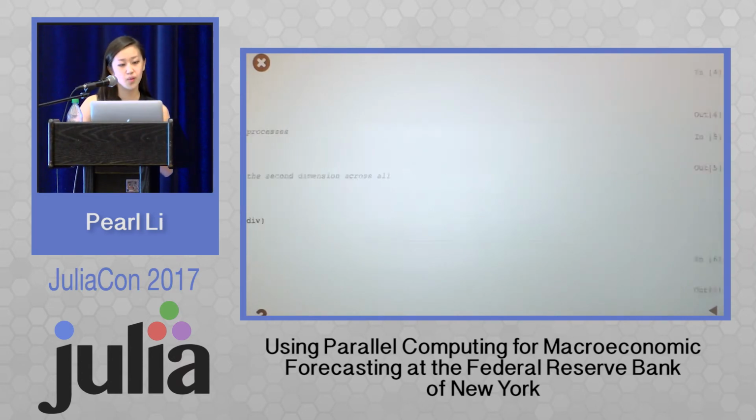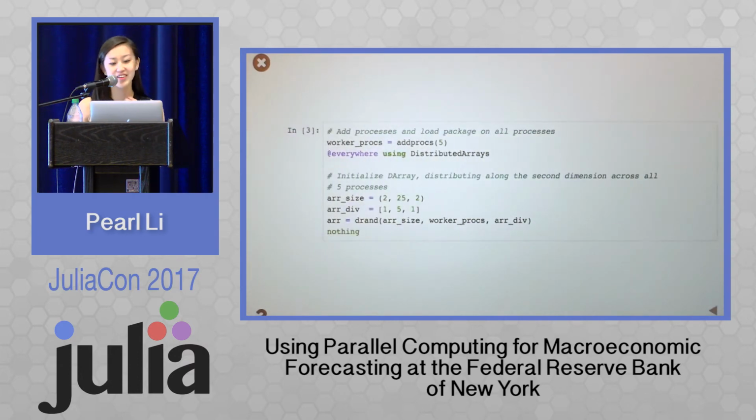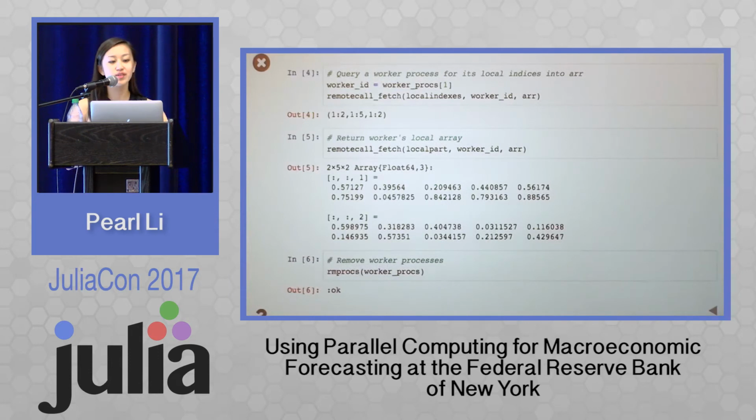So if we query the first worker process for its local indices into this new array, you'll see that it owns, so it's a 2 by 25 by 2 array, basically the first 5 columns, say, of this big array. Then we can also equivalently query that worker for its local part of the array, which looks like this. And then we'll finally just remove the worker processes.